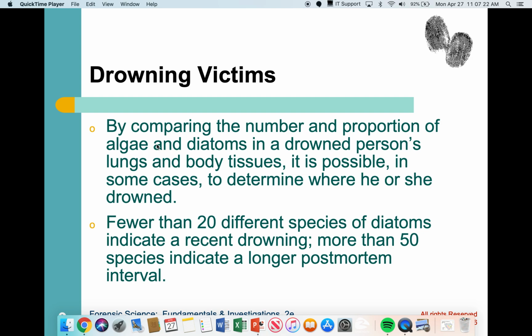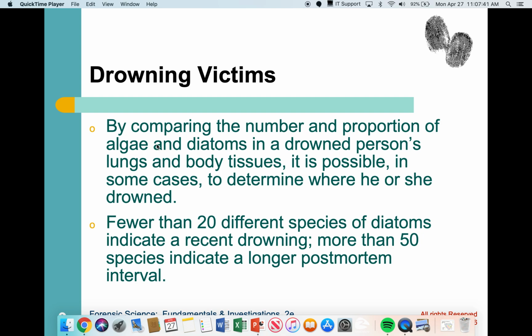So we're going to continue where we left off with this lecture. The last thing we talked about was how botanical evidence was used in cases. I gave you some insight into a couple cases.